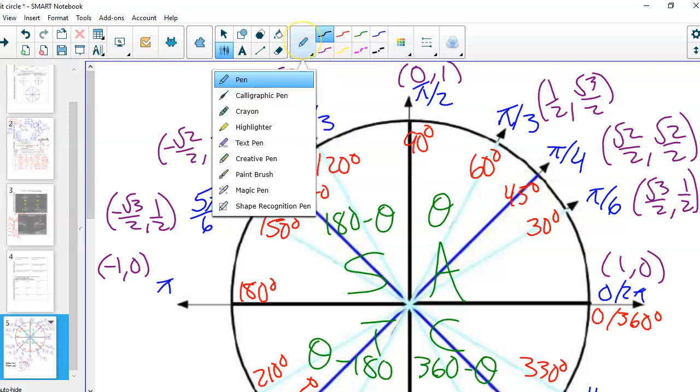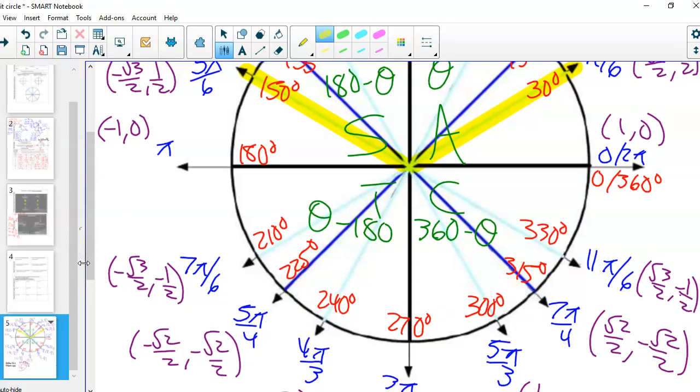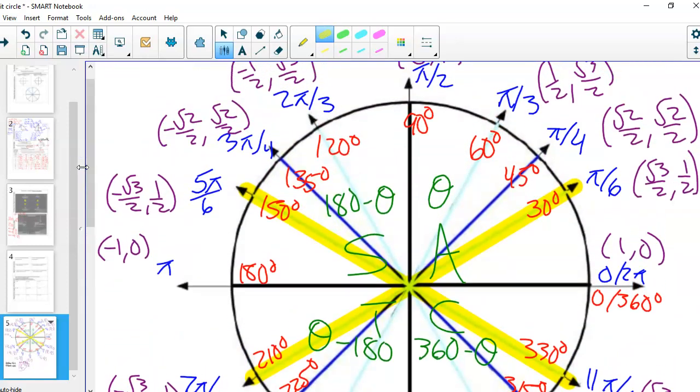So I'm going to highlight which ones are the same. So we know this was the same as this, which was also the same as this, which was also the same as this. If we're looking back to how we got those values, we got those values from a triangle.